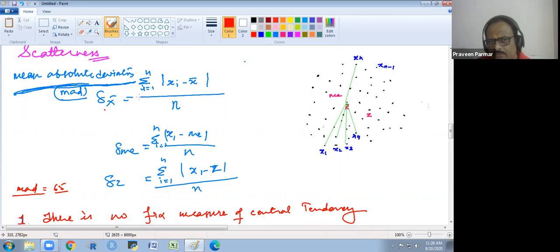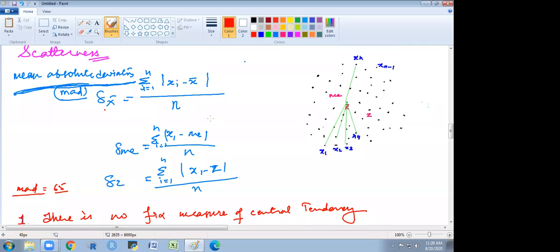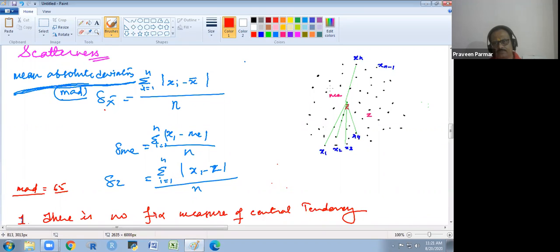Can you get a negative value out of this sometimes? Can you get a negative mean absolute deviation? No, we could not get the mean absolute deviation negative. Understand? Then it is unidirectional.